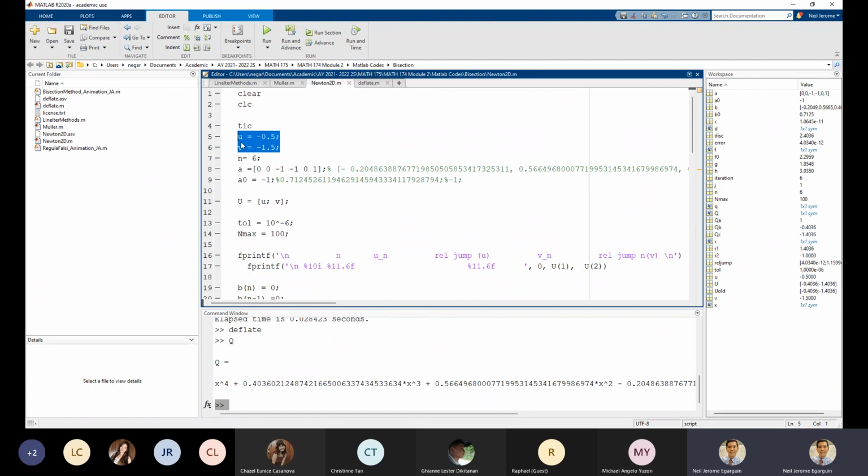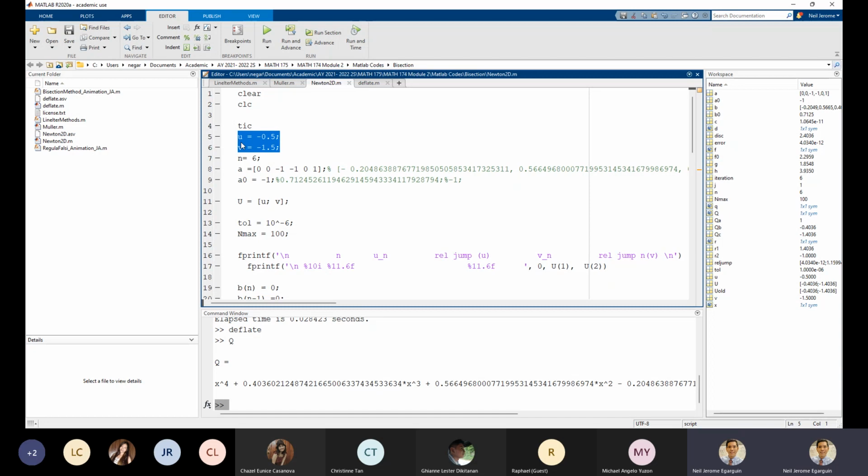And nice enough, nag-converge pa rin yung method, nakakuha ko ng ibang roots. Yun yung kagandahan sa deflation. Kasi natatanggal mo na yung mga roots na hindi na nauulit as roots. So pwede ko nang ulitin yung same initial condition and I will get a different set of roots. Okay?